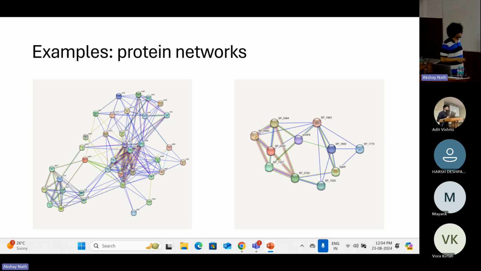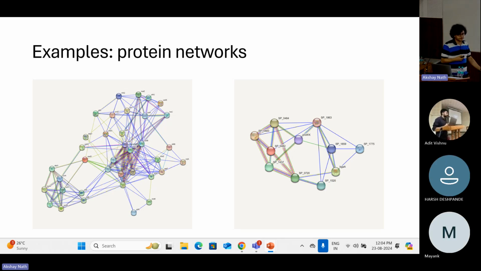This is not there in the final paper, but this is also very interesting to me. These are protein interaction networks. These are PPI networks from, left one is from E. coli, right one is from Streptococcus. And these are a protein complex, I shouldn't call it a protein complex. These are a group of proteins which largely have roles related to aerobic respiration in E. coli.